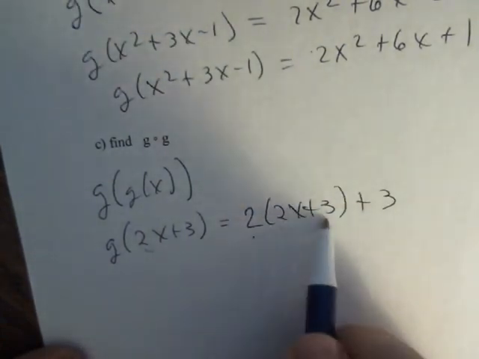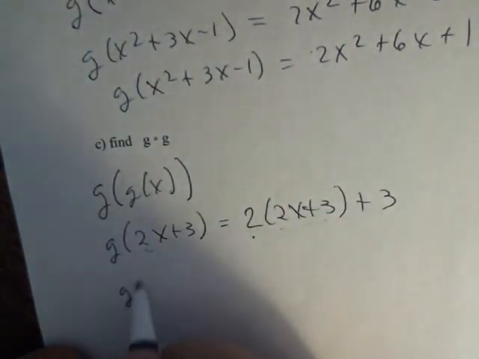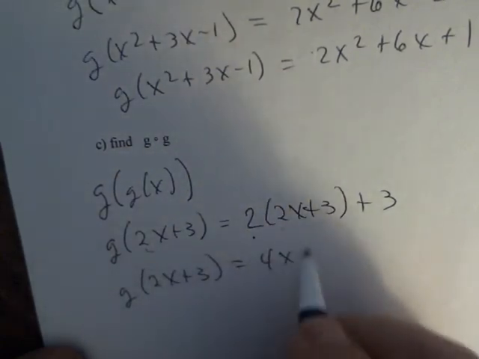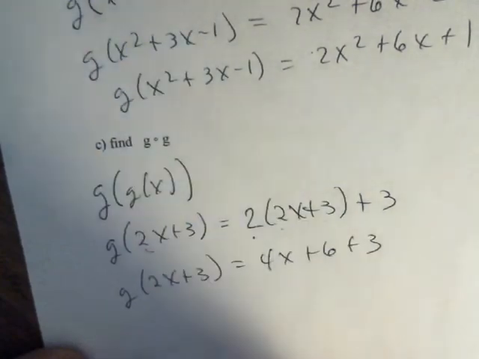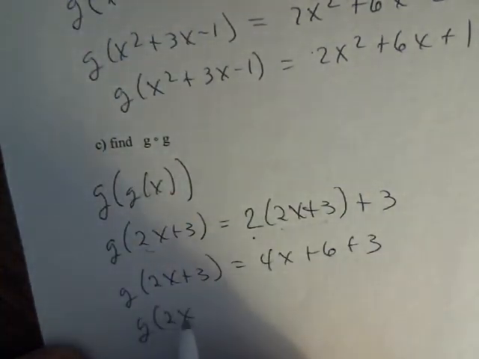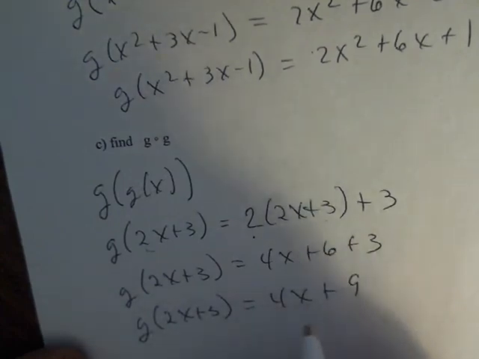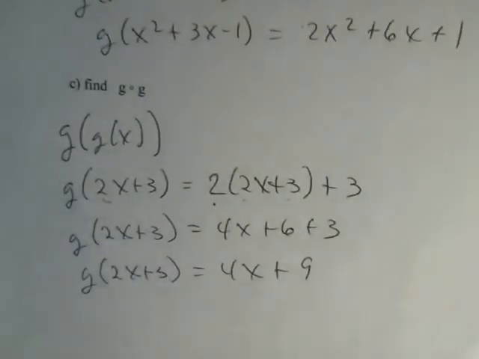And just go ahead and simplify the right side to get 4x plus 6 plus 3, which can be simplified down to 4x plus 9. Okay, so this is 6.1 again, composition of functions.